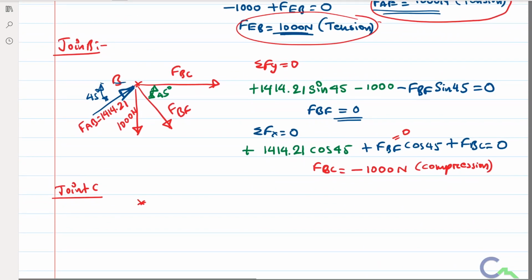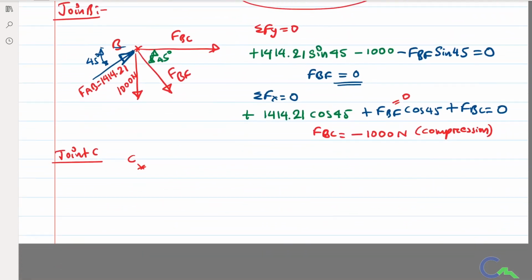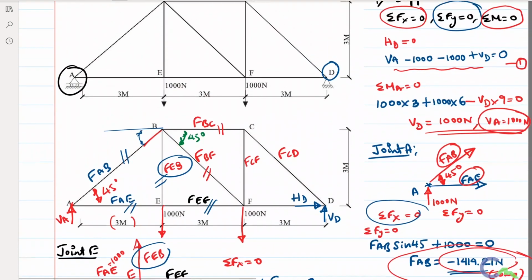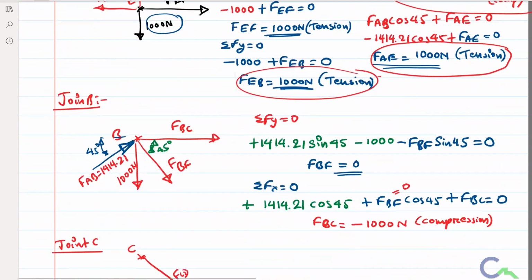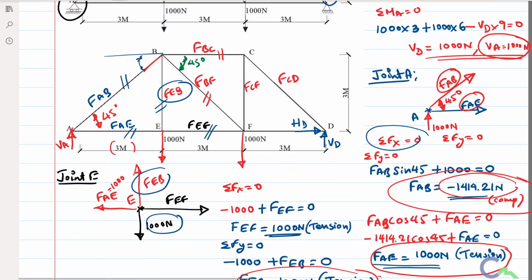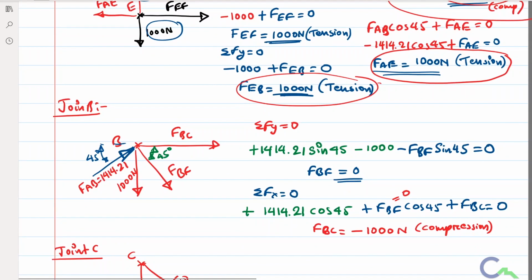So if I consider joint C, the first force I am going to consider is FCD and FCF, because I am considering for the first time, it is tension. Therefore FCD acting like this. Then one more force, that is FCF acting downward. Then FBC I already considered in the previous step, we got it as compression.